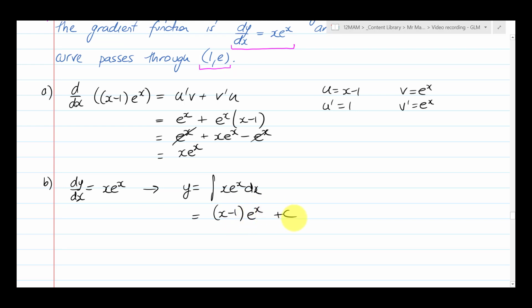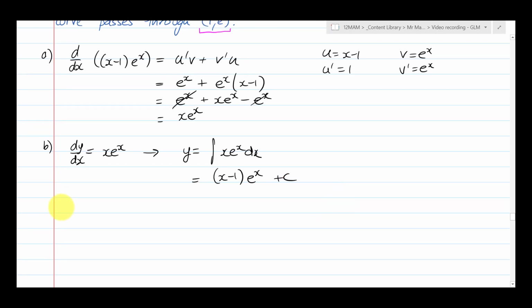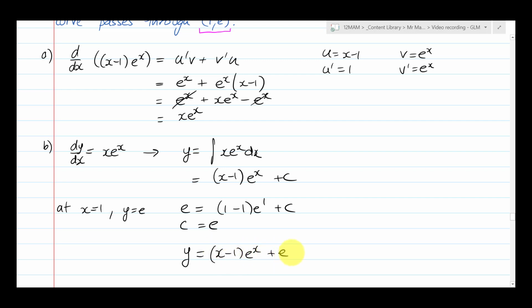We also know the curve passes through (1, e), so at x equals 1, y equals e, and so we get e is equal to (1 minus 1)e to the 1, plus c. 1 minus 1 is 0, and so 0 times e is 0, and we get c is equal to e, which gives us y is equal to (x minus 1)e to the x plus e. And e is, of course, just some number.